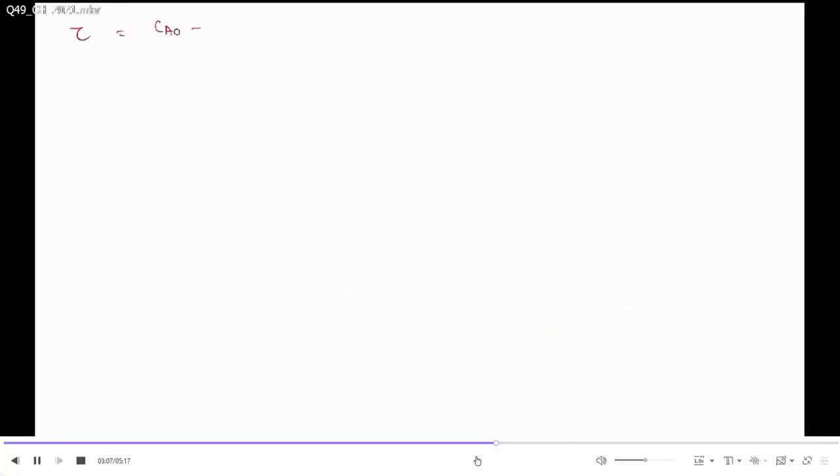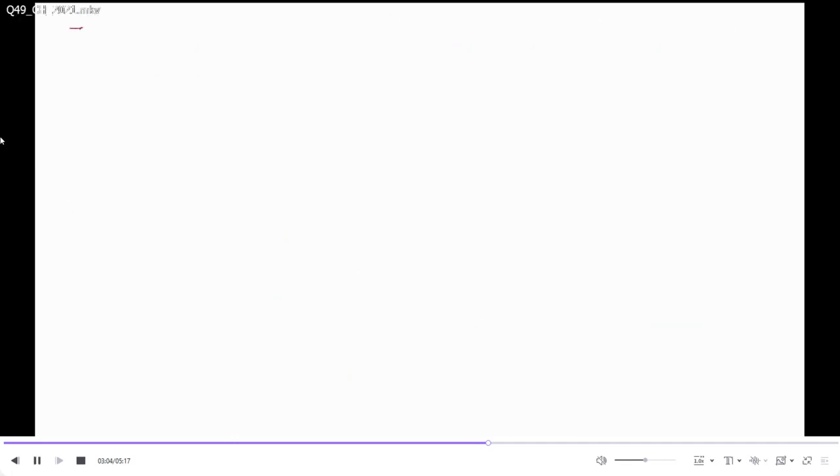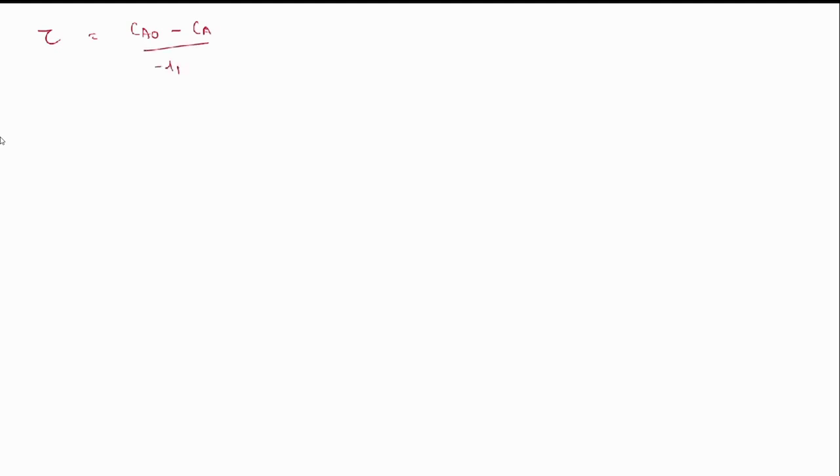So we have Ca0, we have Ca, and now let us expand on Ra. So Ra is 0.1 CaCb. Now the unknown here is Cb. Everything else we have to find the space-time tau.